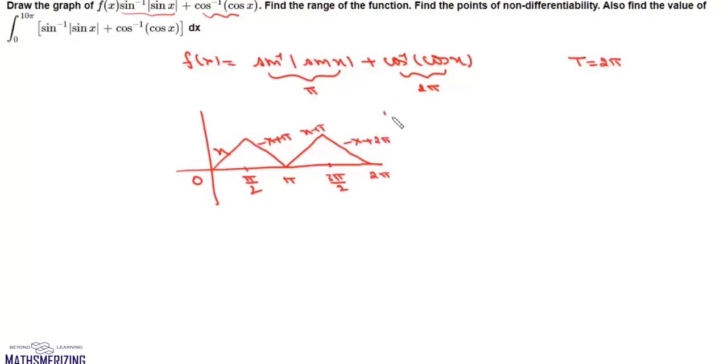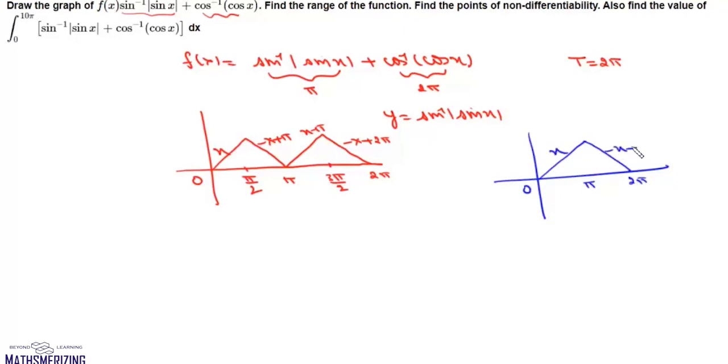So this is the graph of y equals sin inverse of mod sin x. Now we'll draw the graph of cos inverse of cos x. It's a very standard function. So this is 0, pi and 2 pi. Between 0 to pi it is x, and between pi to 2 pi it is minus x plus 2 pi.